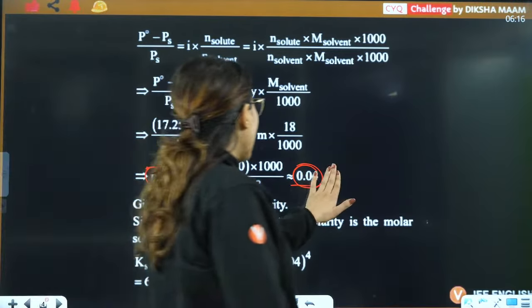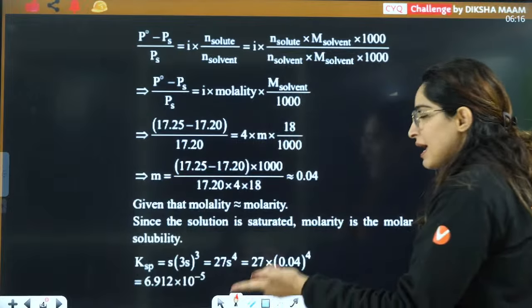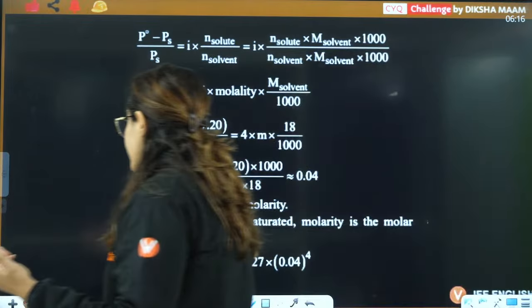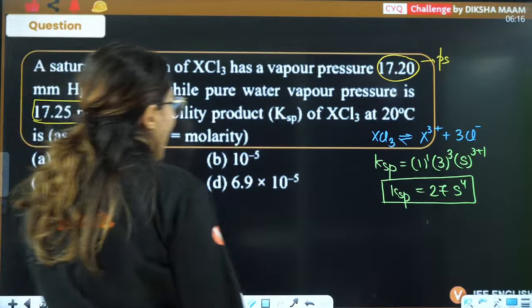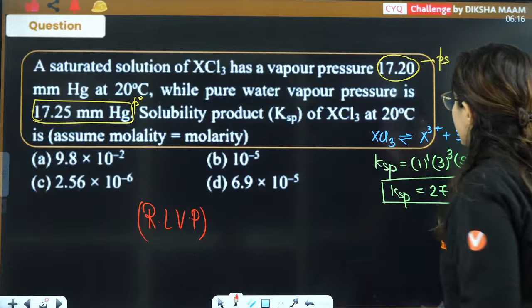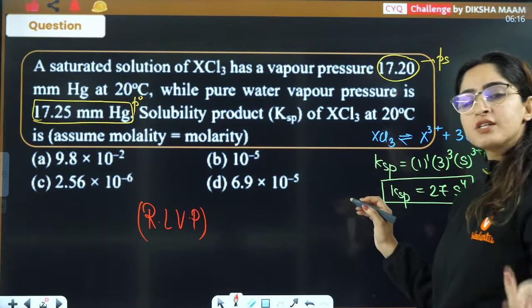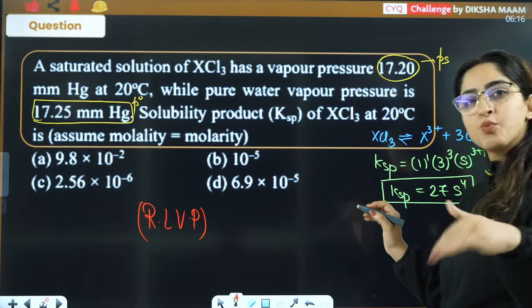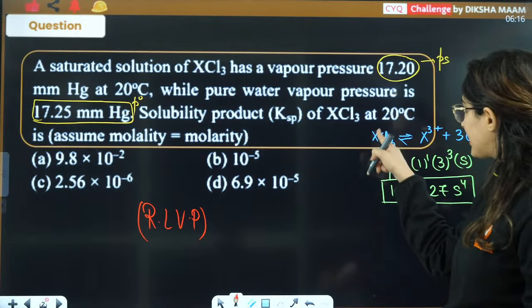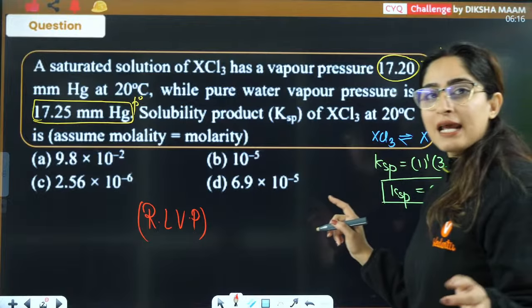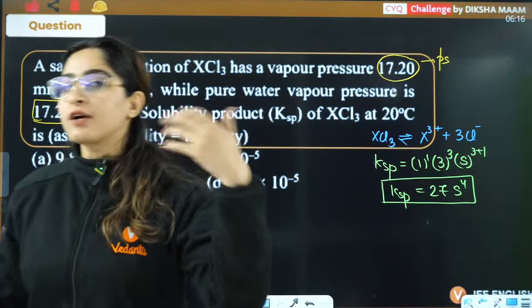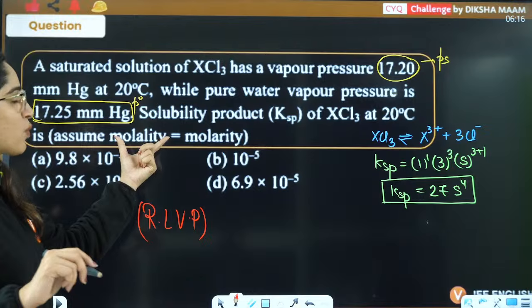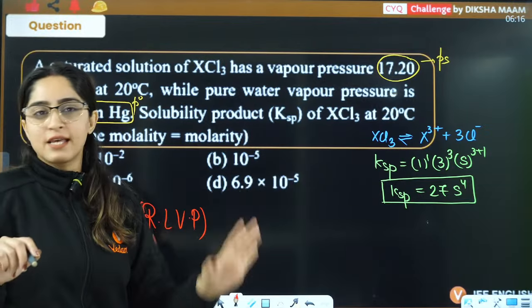Now molality and molarity are the same here, and solubility is nothing but the concentration in moles per liter. So molality equals molarity, which is given in the question, and molarity is what we call solubility.